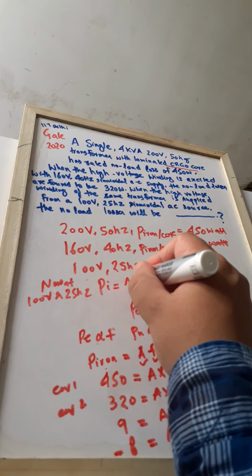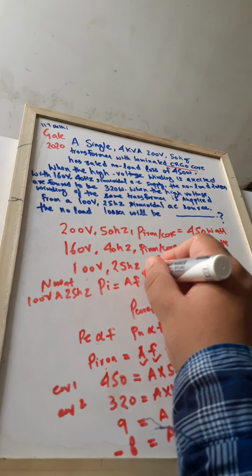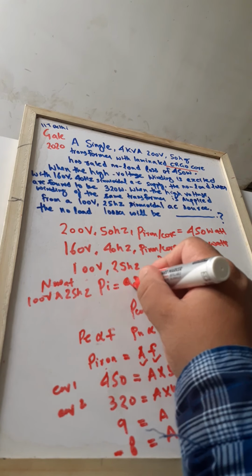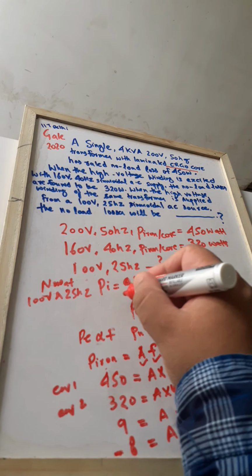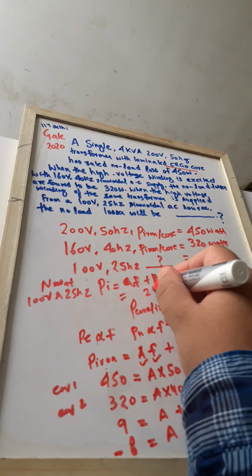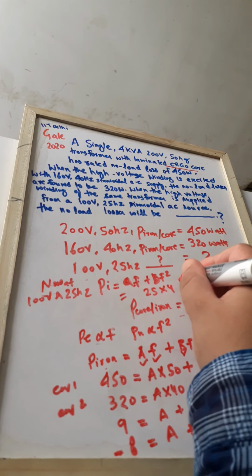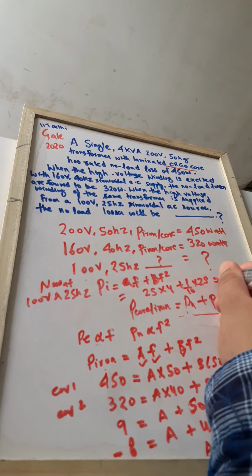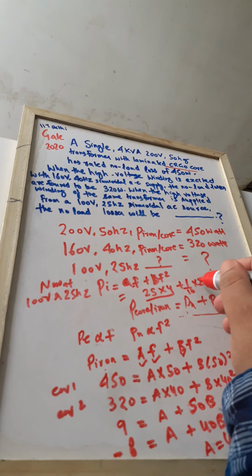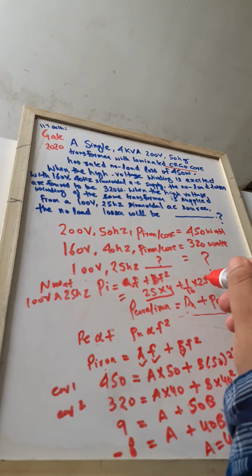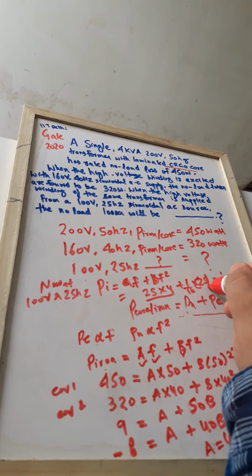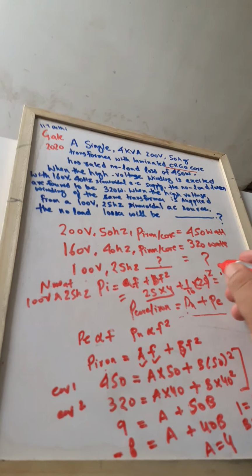That is a into F plus b into F square, small a, small b. So F value here is 25, the a value I calculated is 4, and b value is 1 by 10 into 25. So what will be my losses? This would be 100, and this is 25 square, b F square, so this is 625.